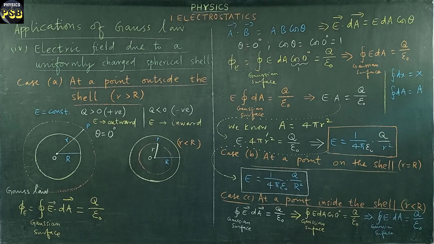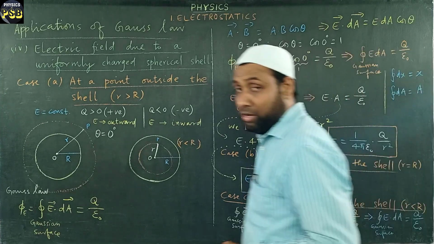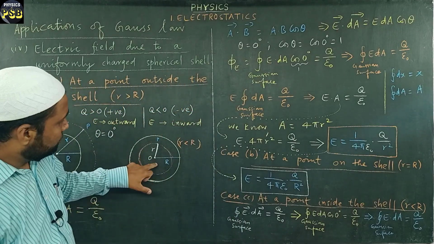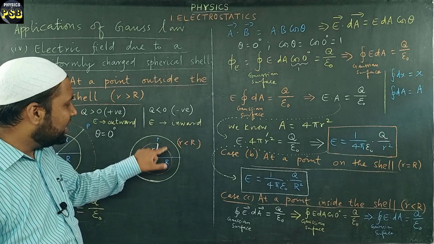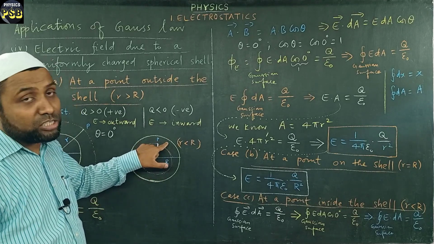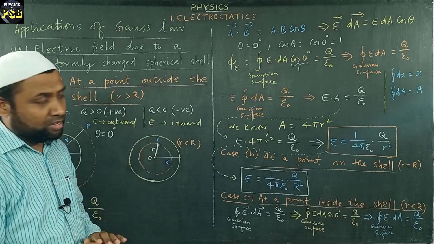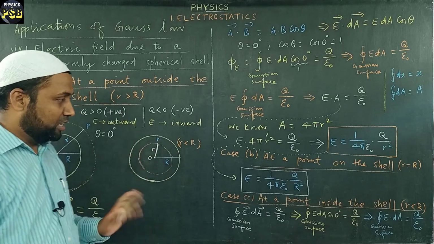Gaussian surface. Now, here you need to keep one thing in your mind. There is no charge present inside this charged shell. Charges are present on the shell, but there are no charges present inside or outside the shell.